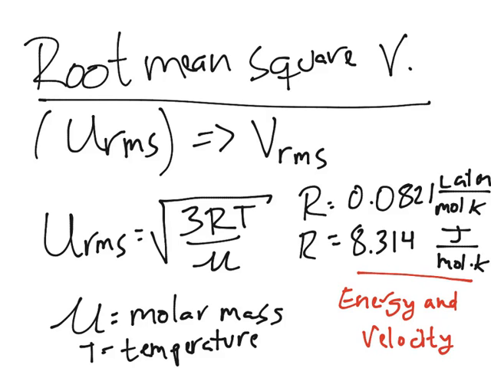And you can remember that just by thinking, well, energy is in joules, so this R has joules here, so that's the one I'm going to use. When you're dealing with pressure, you'll want to use this R. So, pressure.